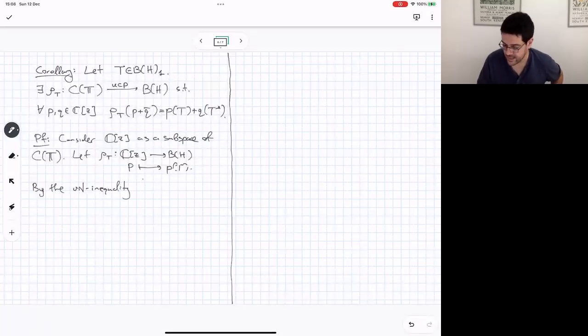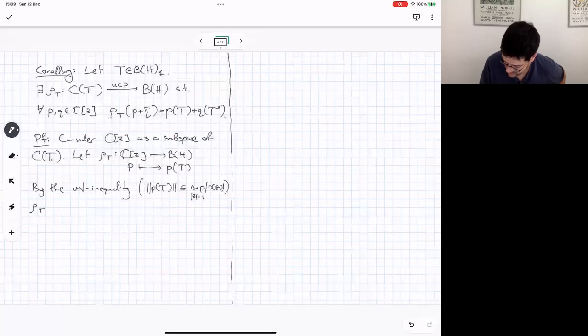it tells us that the norm of P(T) is less than the supremum of |P(Z)| over |Z| = 1. So by the von Neumann inequality, we know that rho_T is a unital contraction.